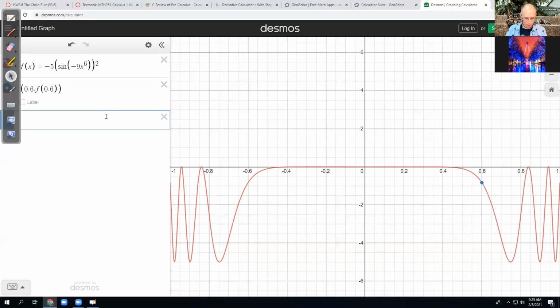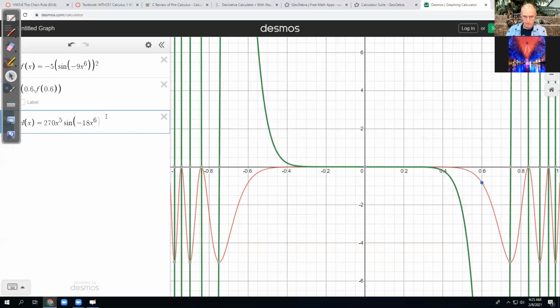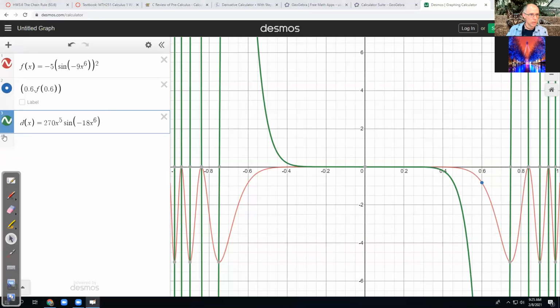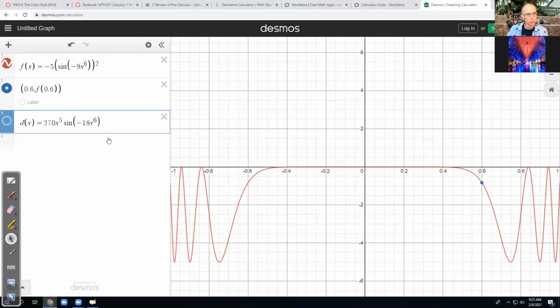And we think the slope function is, I'm going to go with my version, which was 270 times x raised to the 5th times the sine of negative 18 x raised to the 6th. Okay, type that right. And I don't really want to see that. I just want to use it. All right, so that should be my slope function.